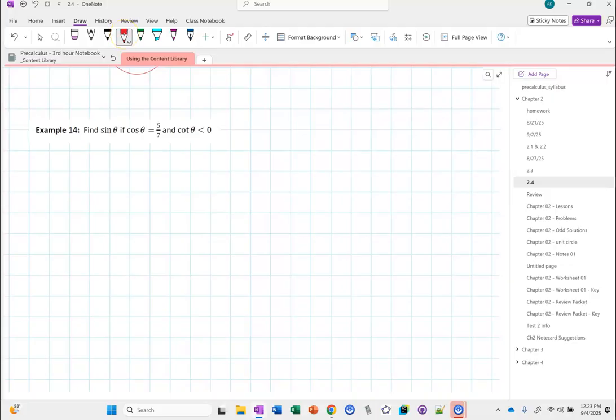So what I'm looking at is I would start here. 5 over 7 is a positive number, right? Cotangent is negative, and that means that tangent should also be negative.